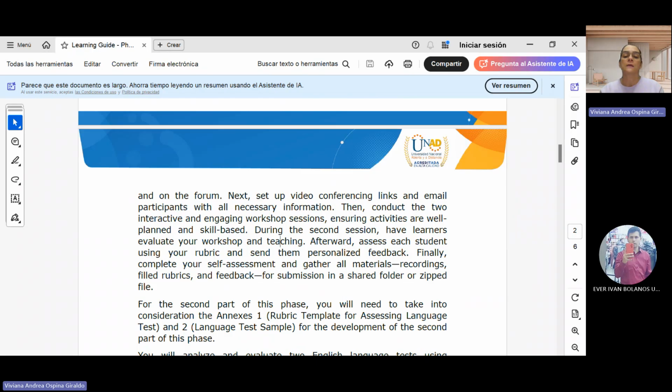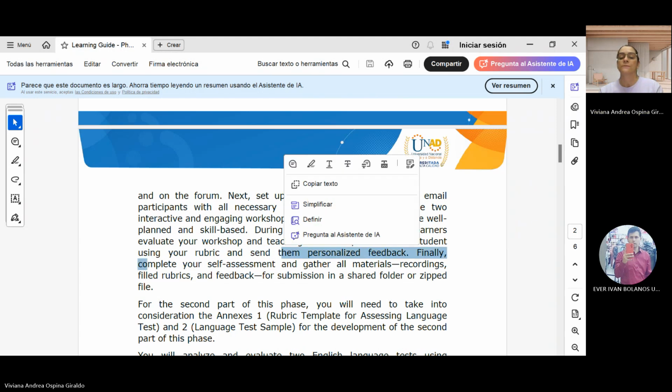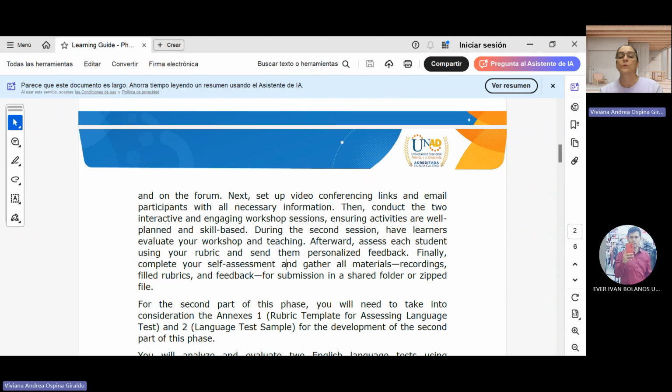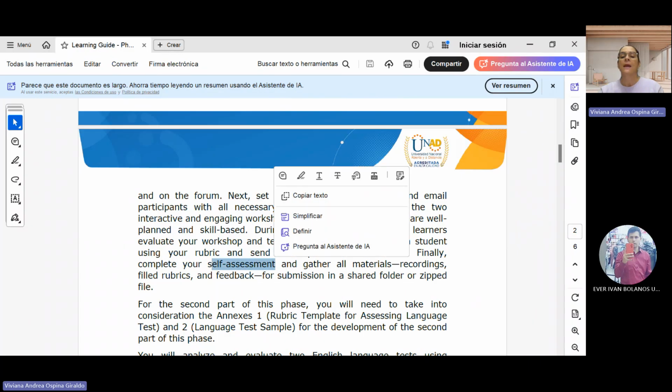Then after that, your students need to assess the workshop using your rubric, the one that you worked on in the previous task. And finally, you have to complete the self-assessment and gather all the materials, the recordings, the filled rubrics, the feedback, and put everything into a zipped file.